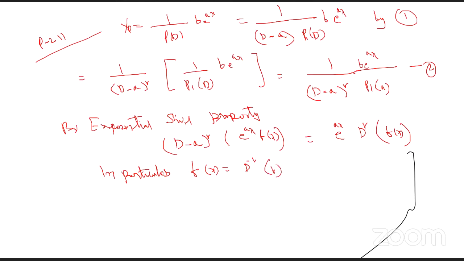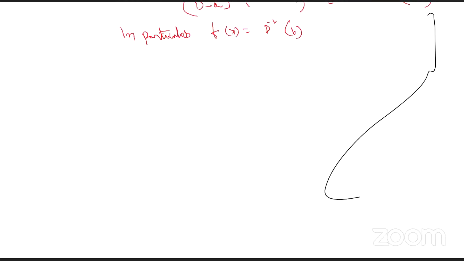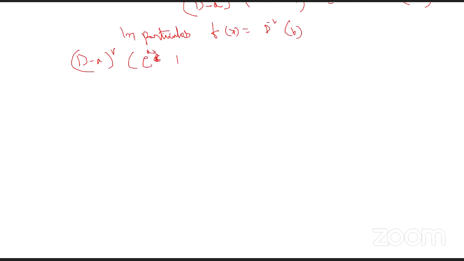We get (D − a)^r into e^(ax) D^(−r) of b, that equals e^(ax) D^r into D^(−r) of b, that equals b e^(ax).